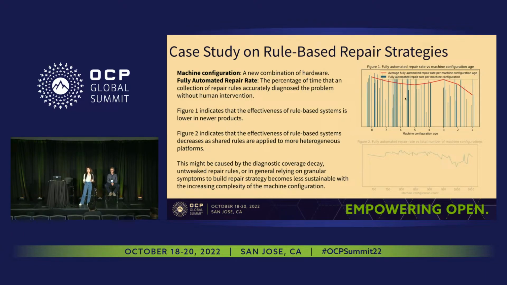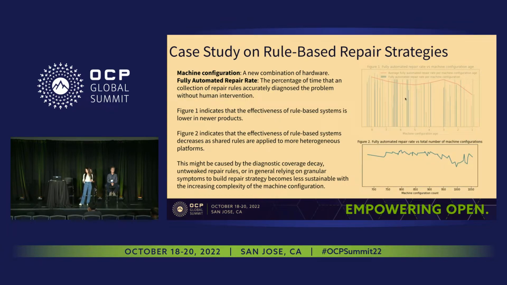And now let's look at some analysis we performed on different machine configurations. In the top right diagram, we compare the repair rate with the age of the machine configuration. We can see that the rate decreases on newer machines. Another study, shown in the bottom diagram, calculates the repair rate against the total number of machine configurations.